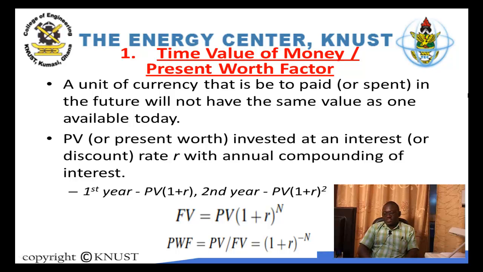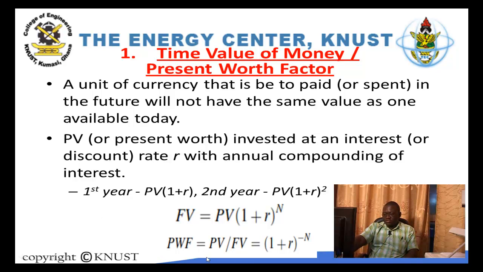Now the present worth factor is basically the ratio of the present value to the future value, and that is expressed as (1 + r) to the power minus n. So it's 1 over (1 + r)^n, and that is how I've expressed it on the slide. Because the exponent is negative, the whole term is in the denominator, so it's the inverse of the whole term here.